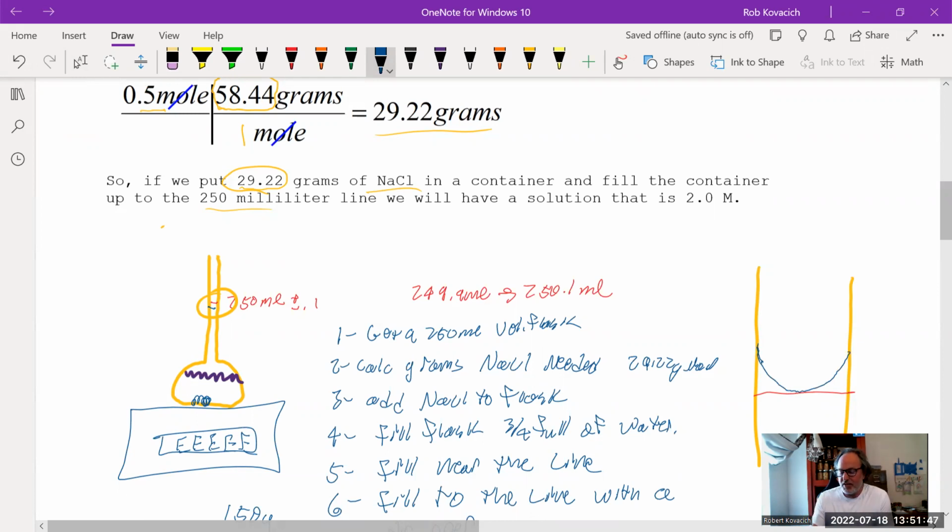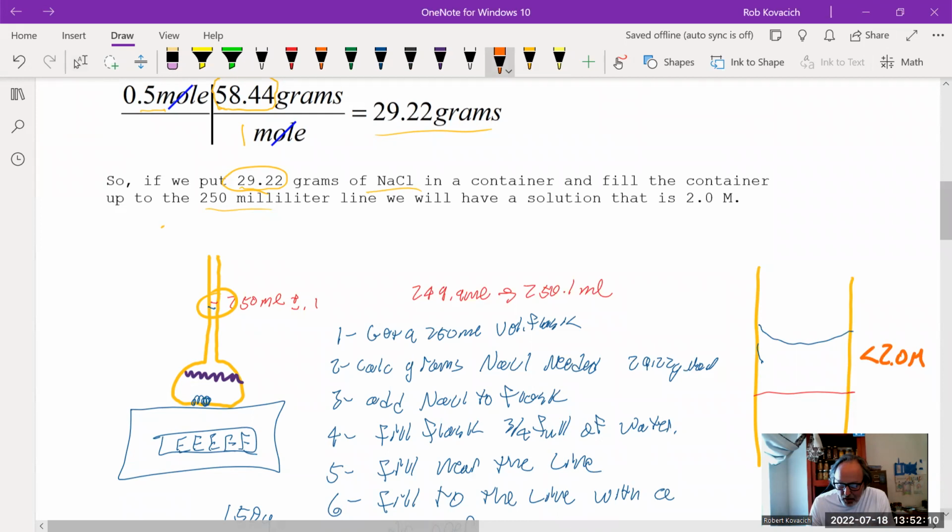Let's say the temperature goes up. Okay, the air conditioning in the lab breaks. Now it's up here. What I've done is I've increased the volume, but I didn't increase the amount of solute. So if the volume goes up like this, now I am less than 2.0 molar, because now the volume is bigger than it's supposed to be.